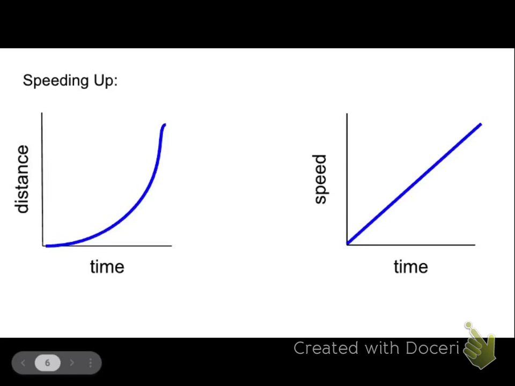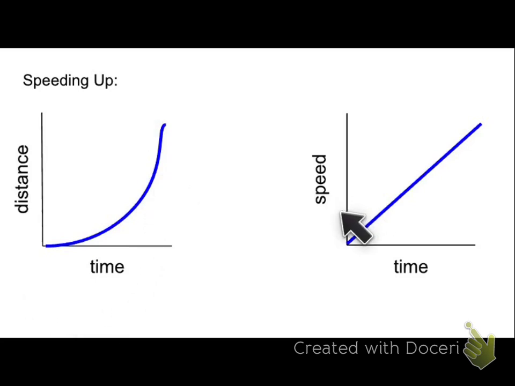Now, what about increasing speed, speeding up? How do we show that on a distance time graph? Yeah, there was a line with a slight upward curve to it, okay? Because the distance was increasing at a faster rate each time, which means your line develops a curve.